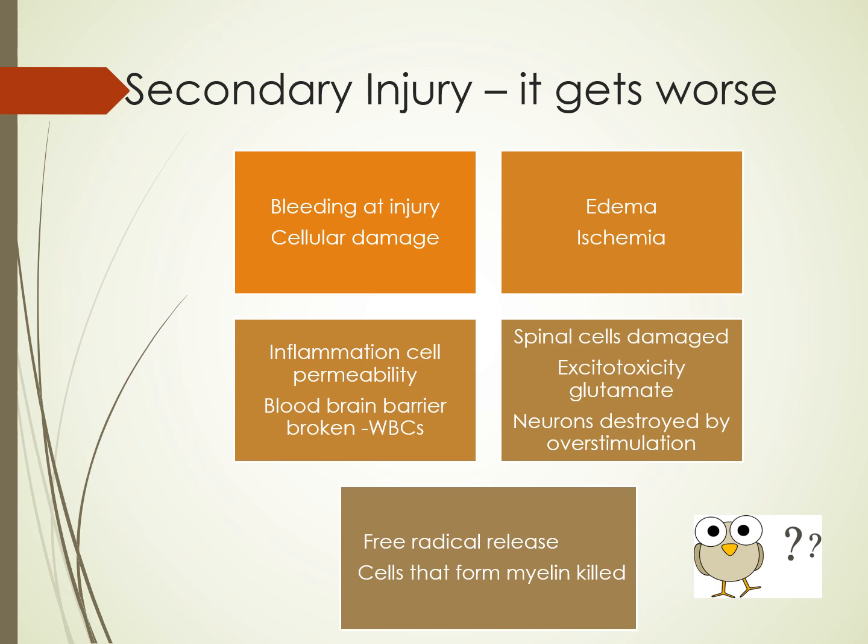And then with that more damage from the edema and the ischemia, you have free radical release, and that can kill the cells that form the myelin that protect the axons, the nerve cells. So again, the take-home message here is that yes, there's a primary injury, but now there's that secondary injury where the cord may be further damaged.